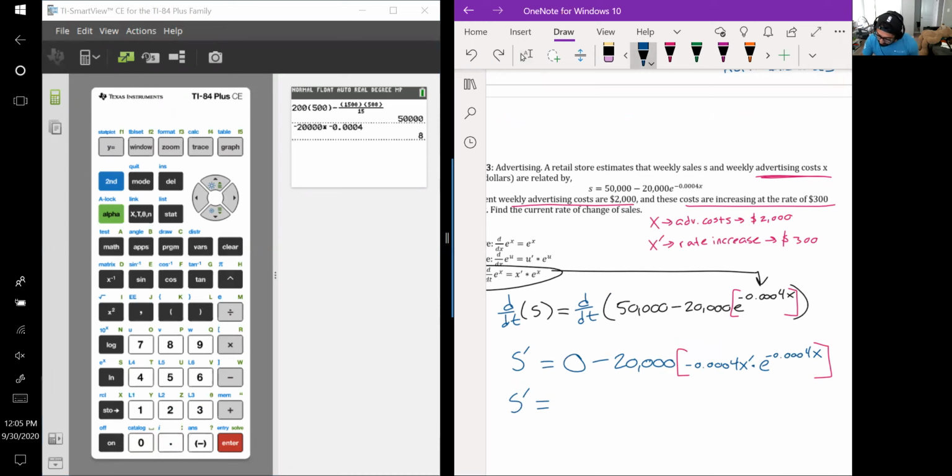So this will give me 8x prime times e to the negative 0.0004x. And now all we have to do is plug in 2,000 for x and 300 for x prime. That's all we have to do. So let's do that on the next step.